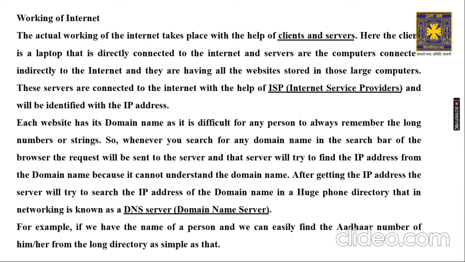It is very difficult to remember the IP address of Facebook or WhatsApp. So if you want to access Facebook, you write facebook.com in your computer. If you want to access Yahoo, you write yahoo.com. These are called domain names.